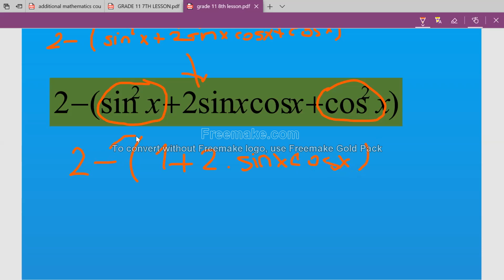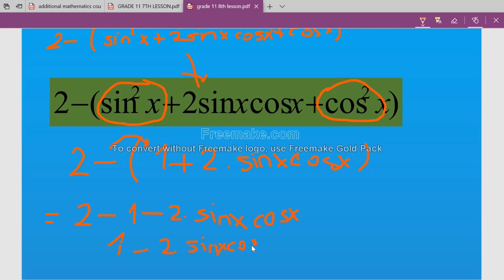When you expand brackets, you multiply by the negative sign, so you receive subtraction in the brackets: 2 minus 1 minus 2 times sine x times cosine x. One more step, we can simplify: 2 minus 1 is 1. It equals 1 minus 2 times sine x times cosine x.